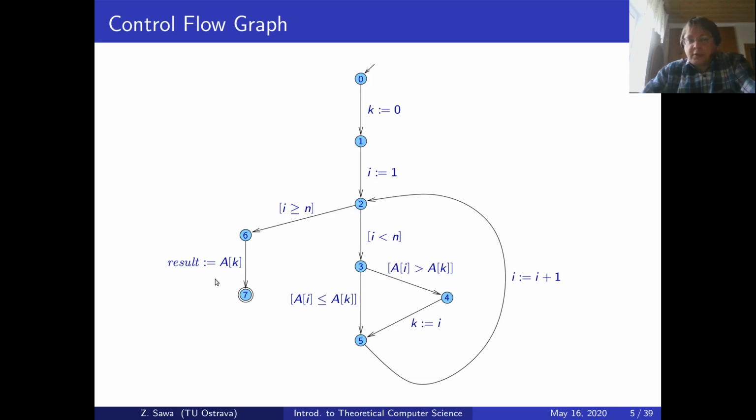So informally, we have some idea what a control flow graph is. This kind of representation of algorithms will be useful for some things we will discuss later, and it is in fact quite close to the way compilers for programming languages represent code internally.